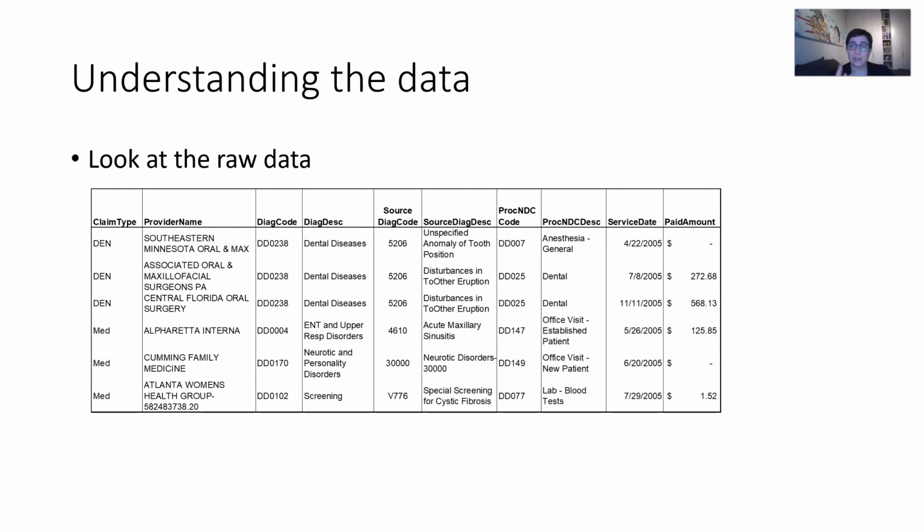One thing that we had done prior to creating this overview of this data is actually painfully going through all of the ICD-9 codes and grouping them together into diagnosis groups. So that's what you see there, this DT0238 in that first row. It's really focused on getting all of the codes together from the ICD-9 that describe dental disease.